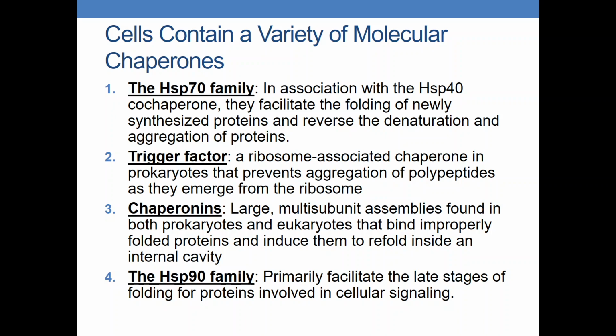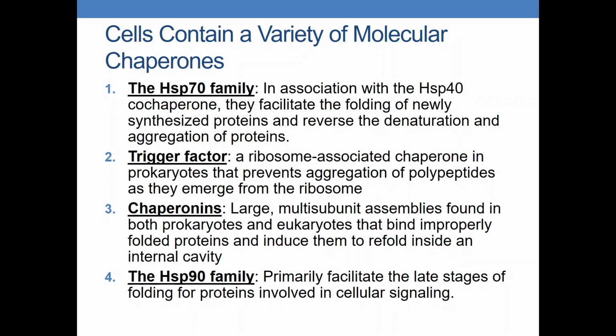HSP70 proteins function in many different ways across the cell, which include, for example, unfolding of proteins in preparation for transport across membranes. And so they may induce unfolding so that proteins can be pumped across membranes. So you'll see that the HSP70 family is critical to the stress response, but also in just normal compartmentalization of proteins as they localize to different parts of the cell.